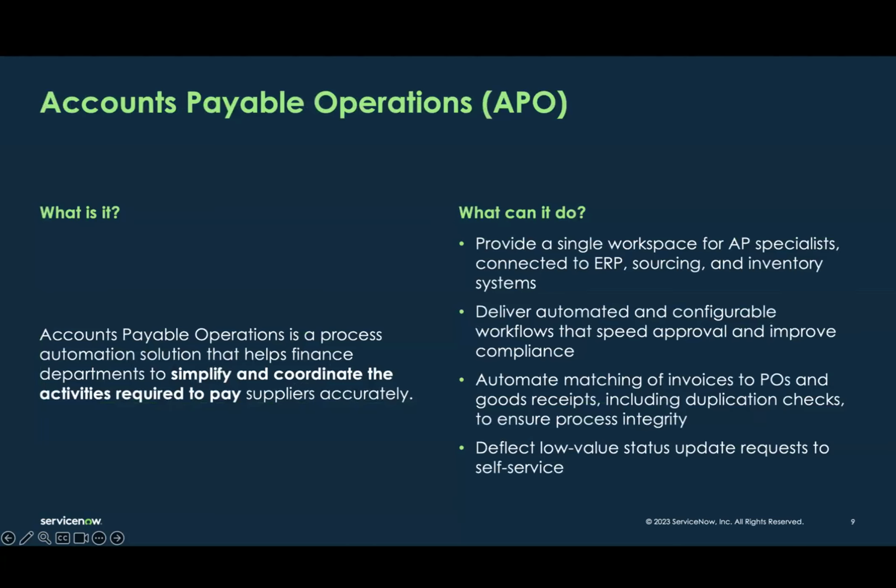And then APO. ServiceNow Accounts Payable Operations is looking to streamline the entire accounts payable process, from invoice receipt and digitization to approval, payment, and supplier inquiries. It uses AI-powered document intelligence to automate invoice data capture, match purchase orders, and manage exceptions, reducing manual data entry and errors while accelerating process times.